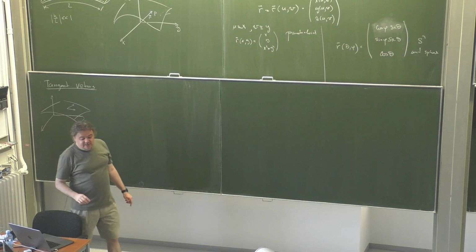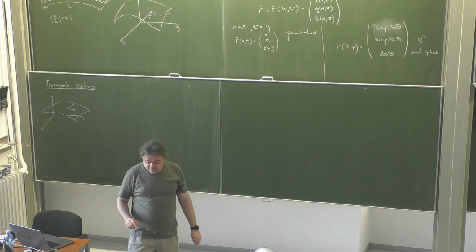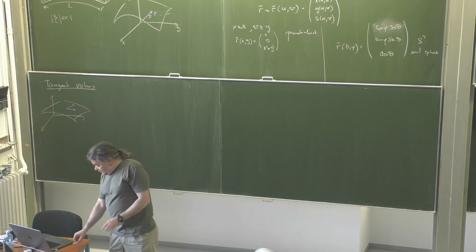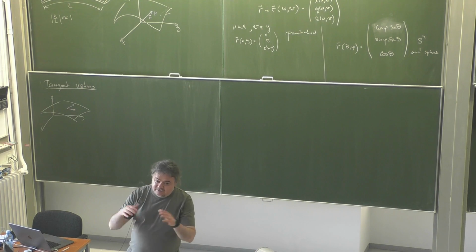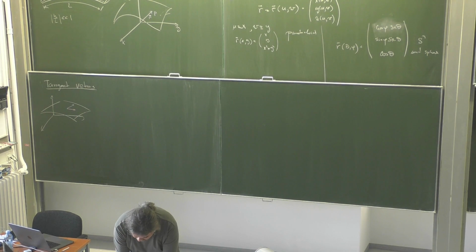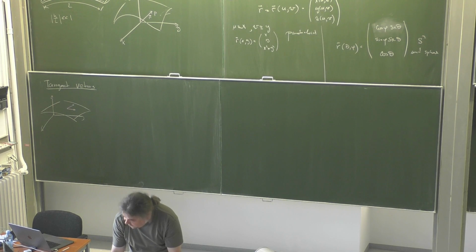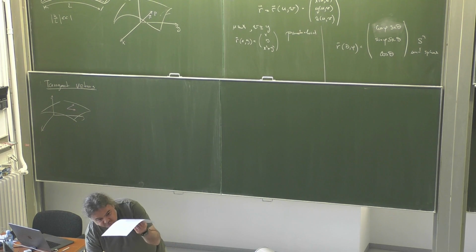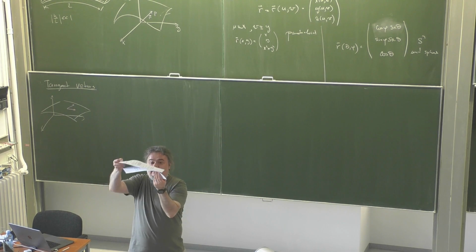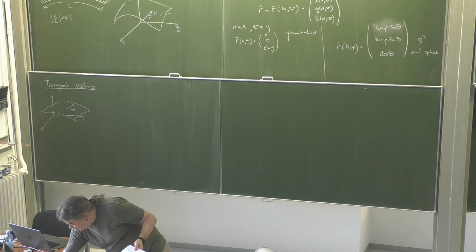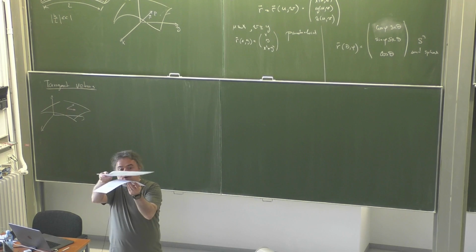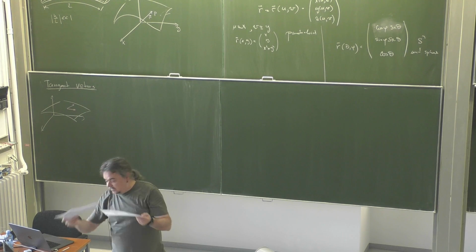What this precisely means is not completely trivial, but it's intuitive, because if you want to formally define it, you need to introduce curves, and then you need to introduce derivatives to the curves, and so on and so on. But the intuitive picture, sorry, I'm using this as props. So the intuitive picture is that I want to glue a plane to every point of the surface, right? That's the idea.